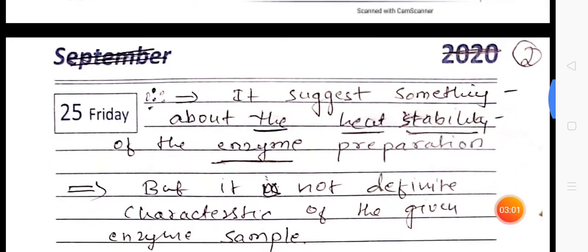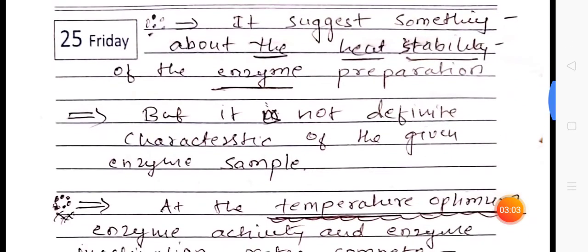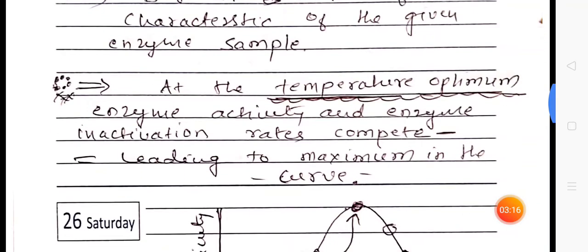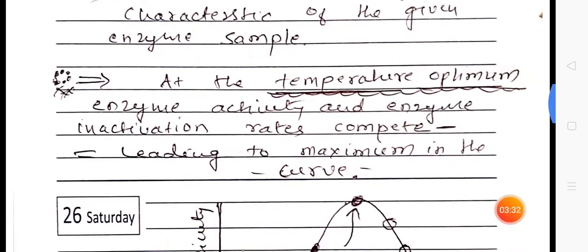It also suggests something about the heat stability of the enzyme preparation, but it does not define a characteristic of the given enzyme sample. At the optimum temperature, the enzyme activity and the enzyme inactivation rate compete, leading to the maximum in the curve.